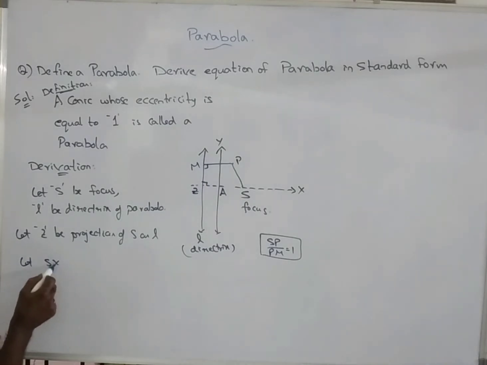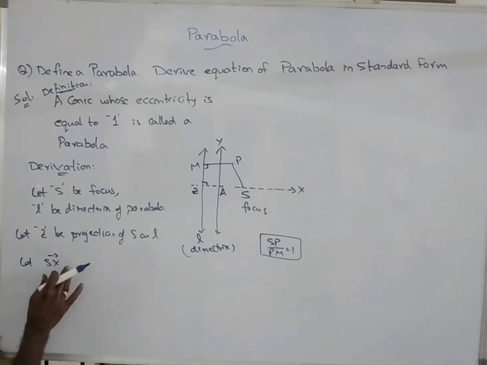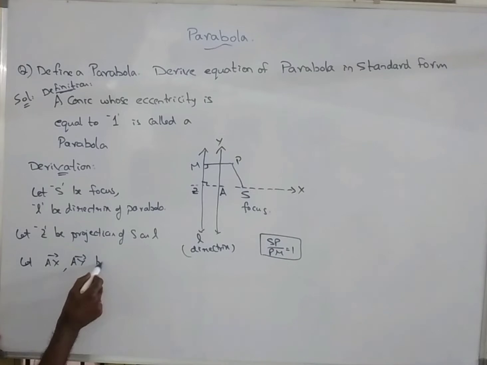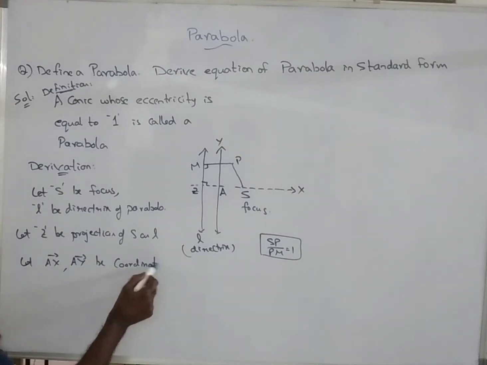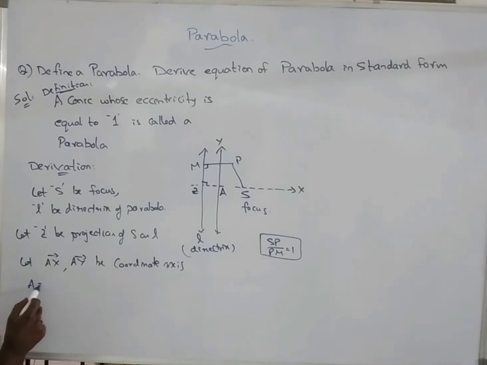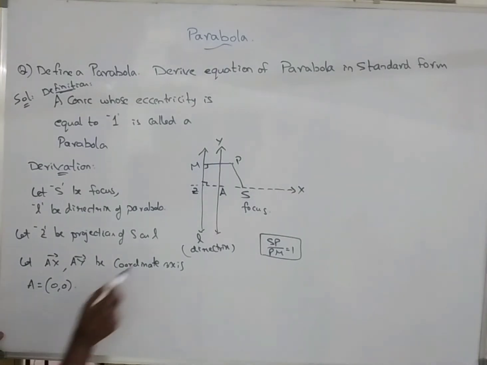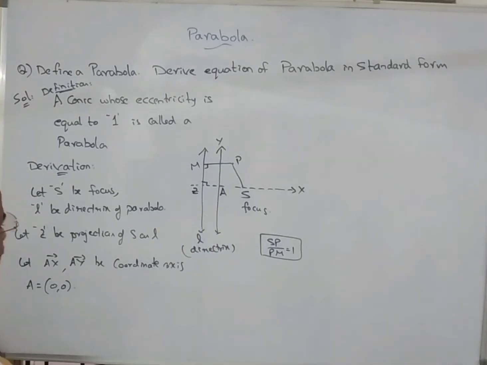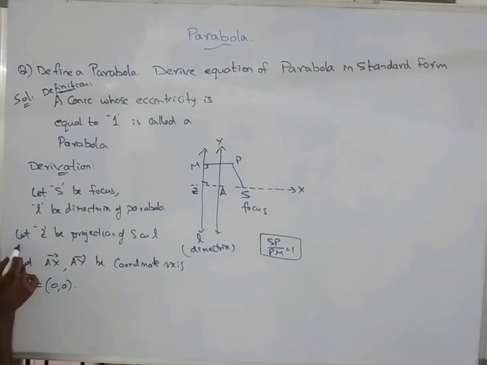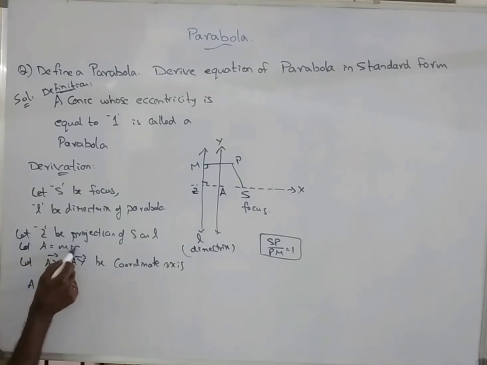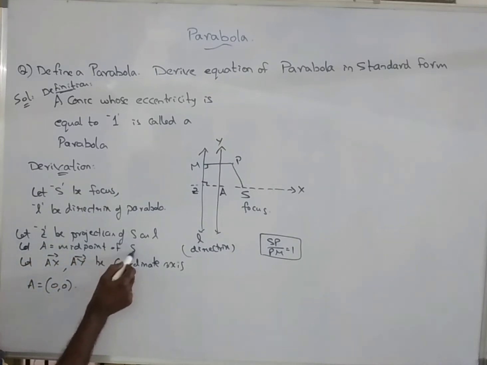Let Sx, or Zx, or Ax also, whatever it is, Ay be the coordinate axes. Then obviously A will be what? Origin, isn't it? A will be the origin. And also we are taking point A in such a way that A is the midpoint of SZ. You can write here that A equals the midpoint of SZ.